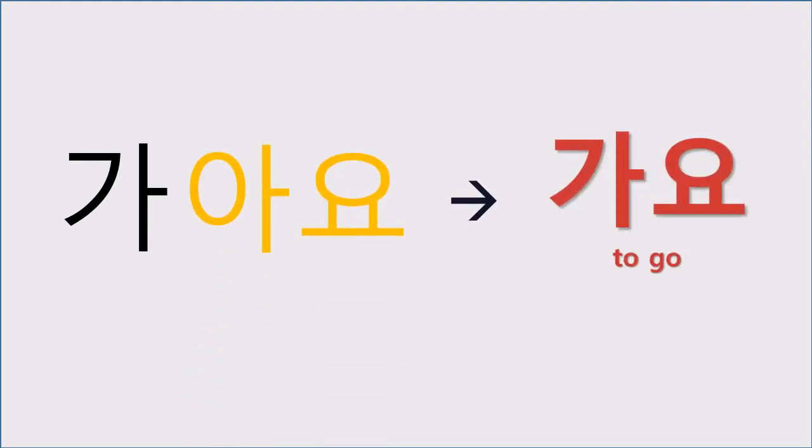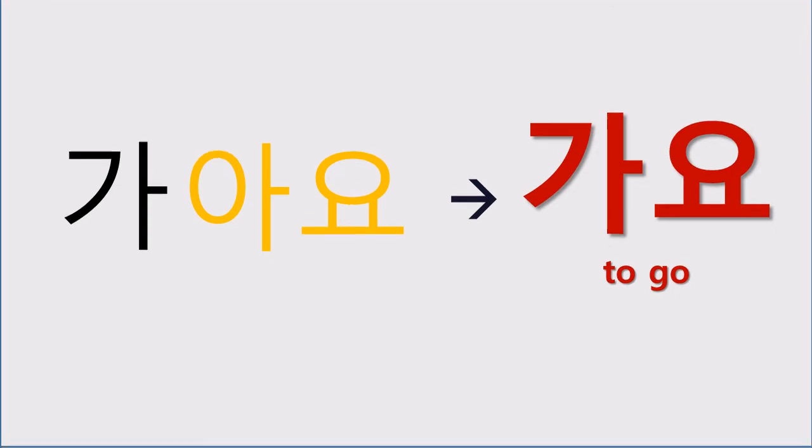Now, how do we conjugate 가다? 가요. What about 사다? 사다 means to buy.